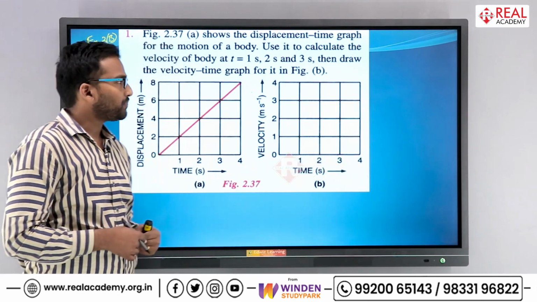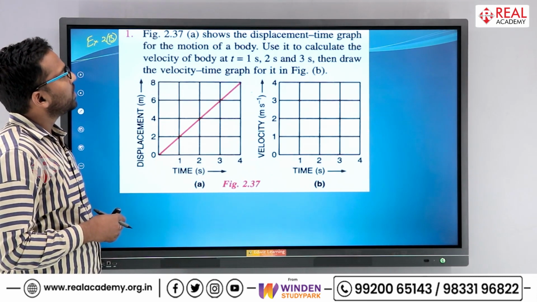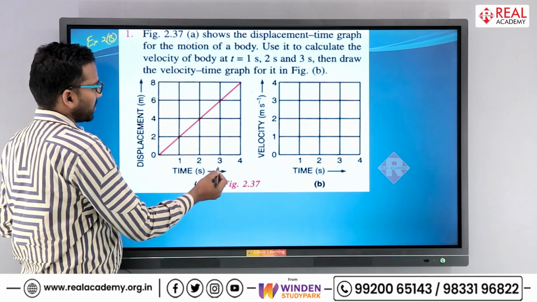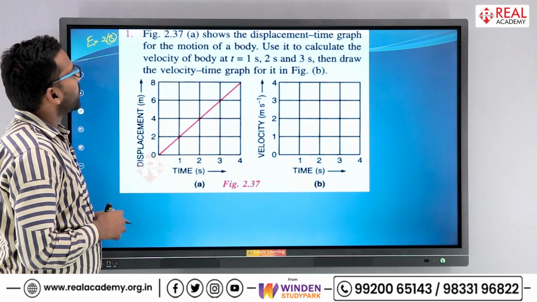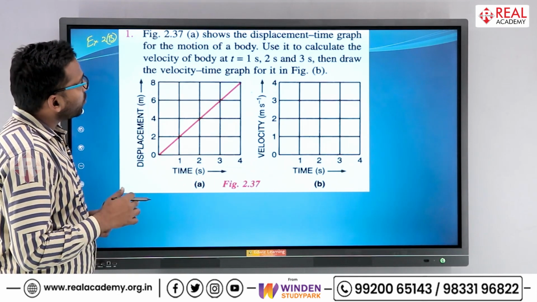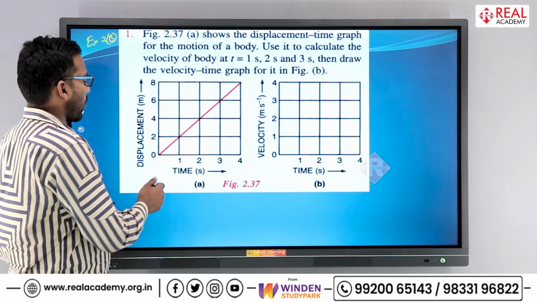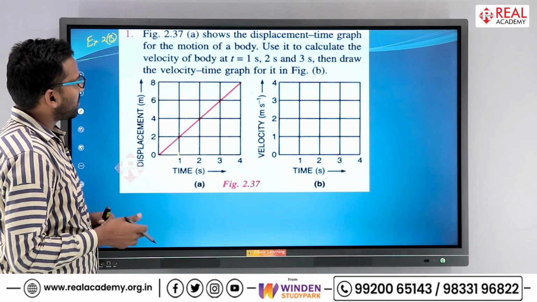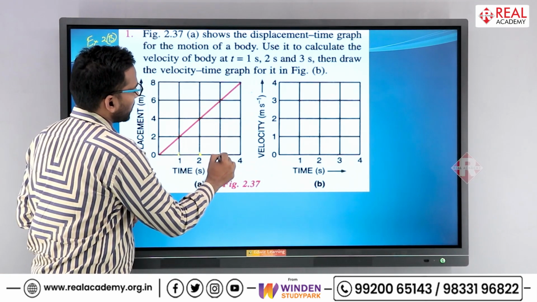Let us analyze the same question once more. Figure 2.37 shows the displacement time graph for the motion of a body. Use it to calculate the velocity of the body at t equal to 1 second, t equal to 2 seconds and t equal to 3 seconds.